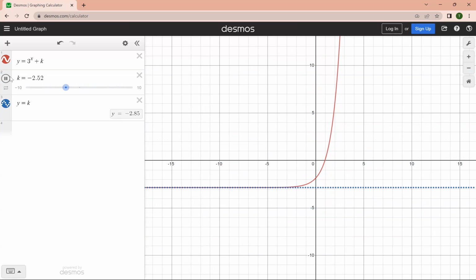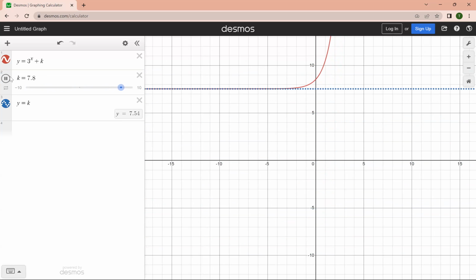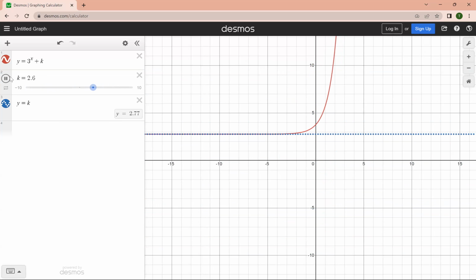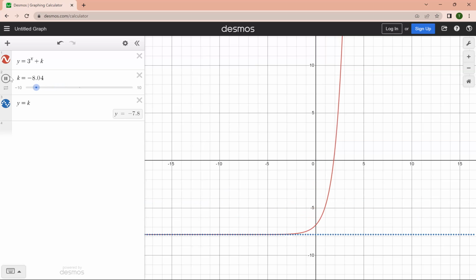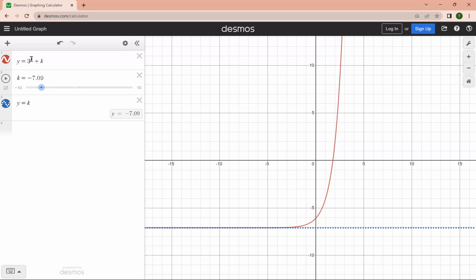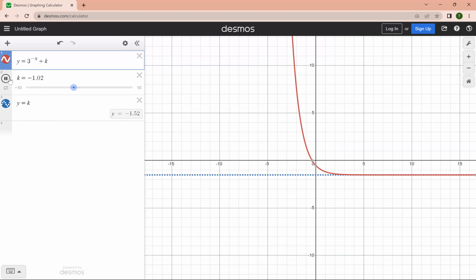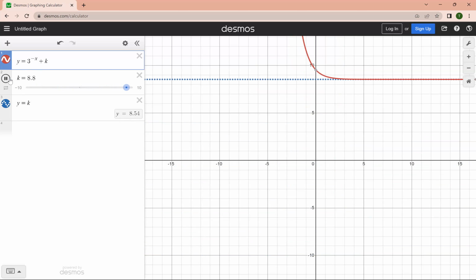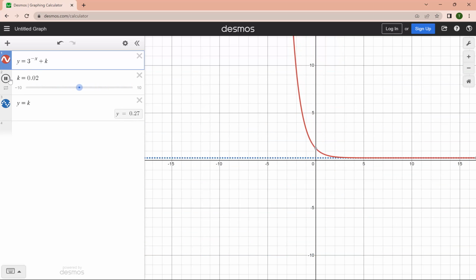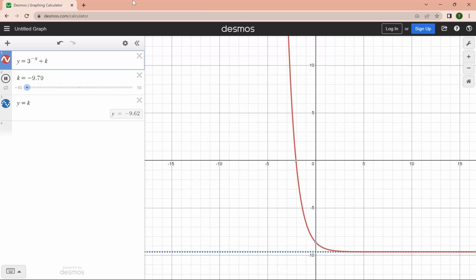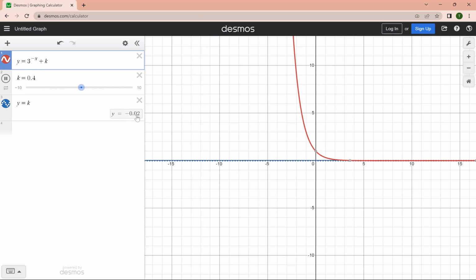That's right. And do you see that it always approaches the blue line? Yes. All right, now watch this. I'm going to change this to a decay function, and let's do the same thing. Notice it approaches that blue line even if it's a decay function. Decay just means it goes down to the right.